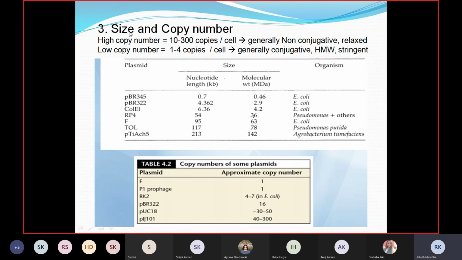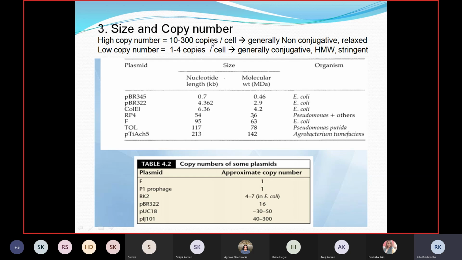So that is one point with respect to size, and another point is the copy number. I have told you, these are naturally occurring plasmids. Many of these plasmids are present in very low copy, even 1 to 2 copies per bacterial cell. And there are other plasmids which are present in very high copies.